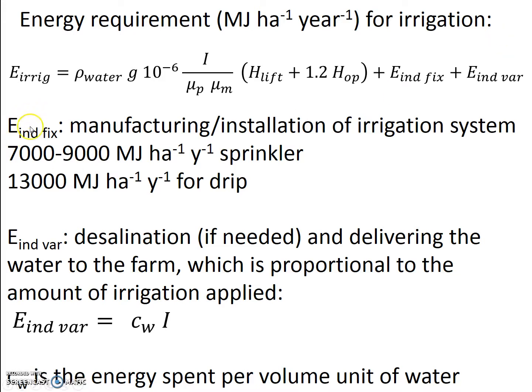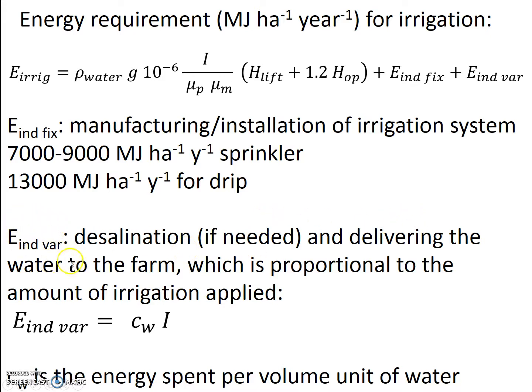The energy indirect fixed is that required for manufacturing and installing the irrigation system. This is usually between 7,000 and 9,000 megajoules per hectare per year for a sprinkler system, and as high as 13,000 megajoules per hectare per year for drip irrigation. The energy indirect variable refers basically to the energy required for desalination of the water or delivering the water to the farm.